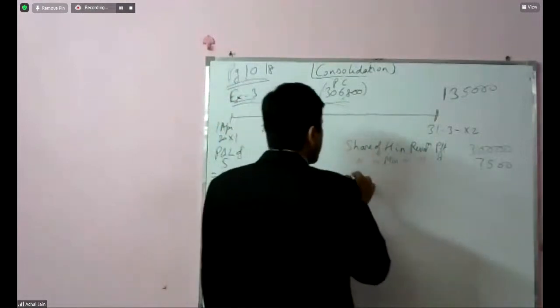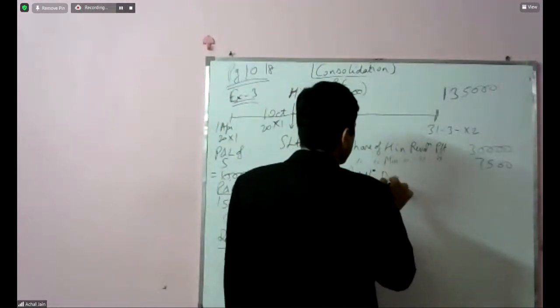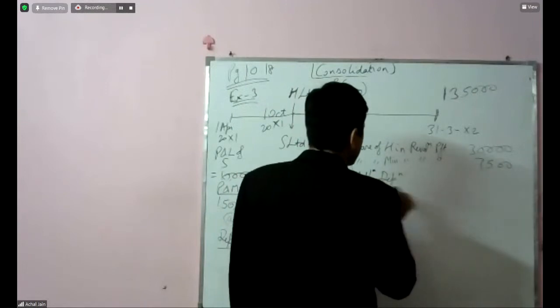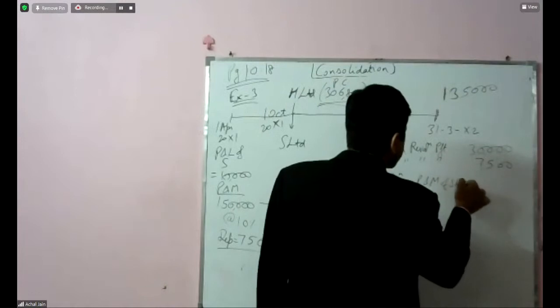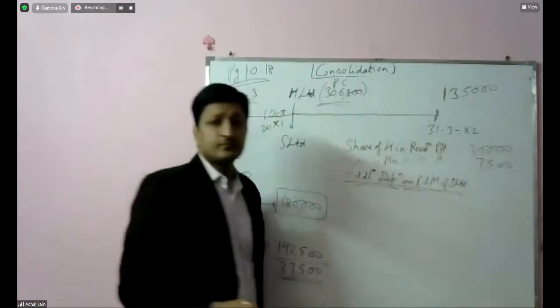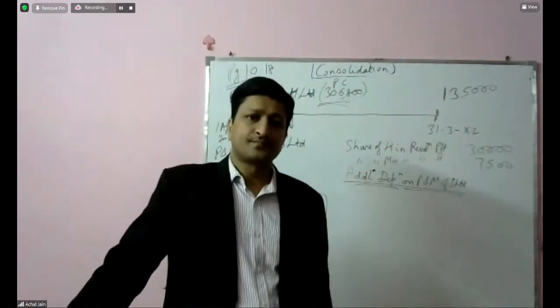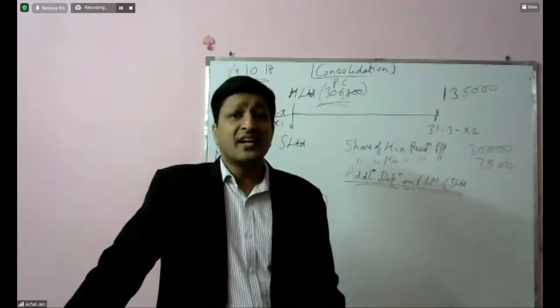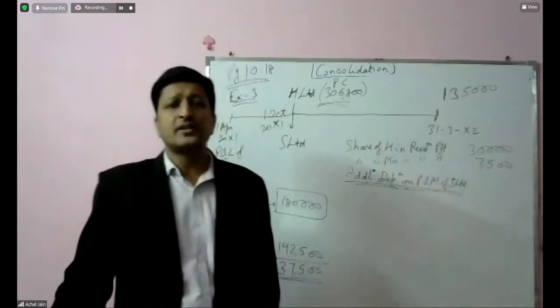So additional depreciation on plant and machinery of S. What is that amount? 10% will be charged on 1,50,000.